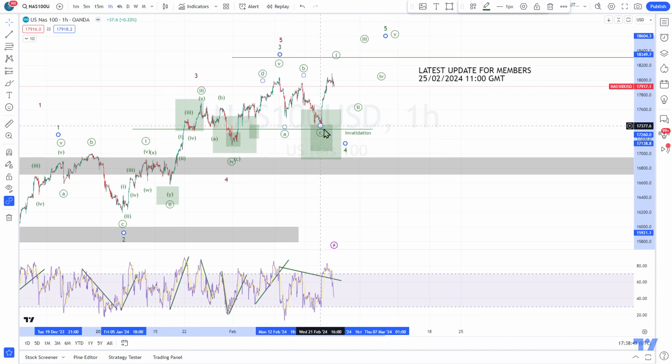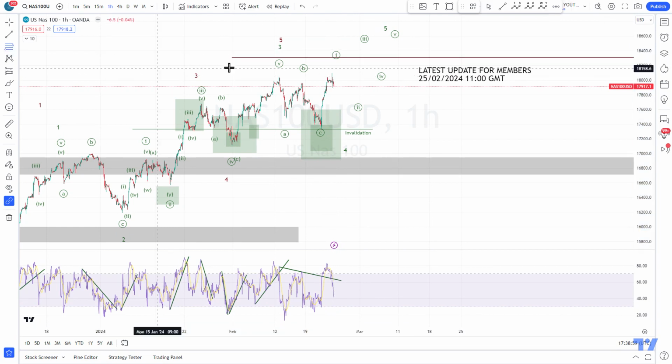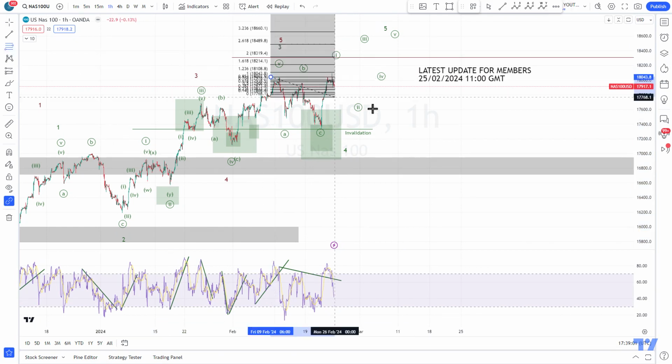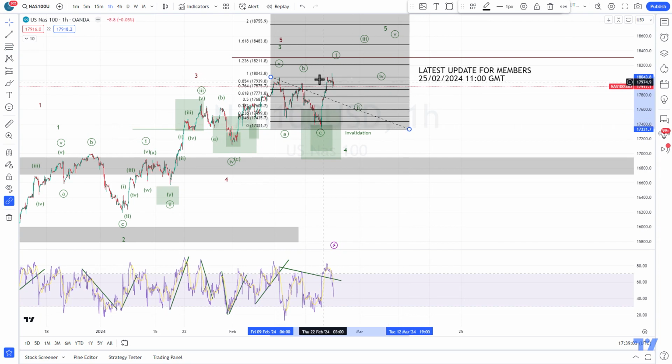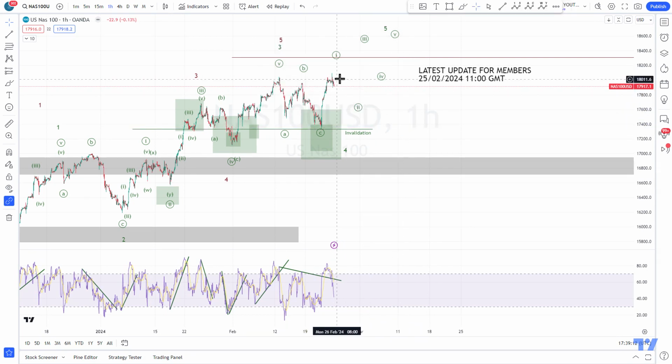So then this here could be our wave A. So 1, 2, 3. Then this here could be our wave B, overshooting wave B. As you can see, we are still in the wave B area, which is the area between the 1 and the 1.236 FIB extension. So that's a possibility. And then from here, we would expect an impulse down as a wave C to make the wave 4 low.